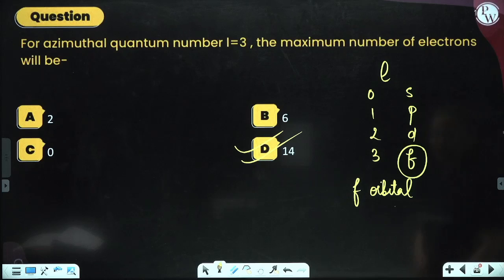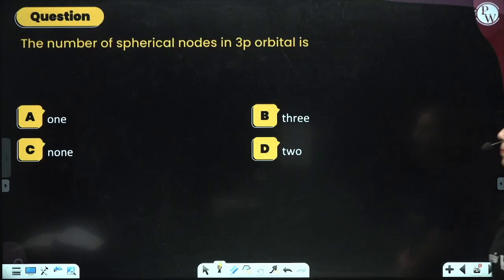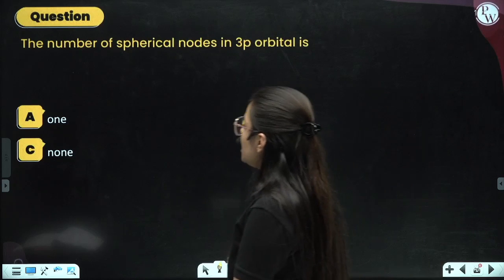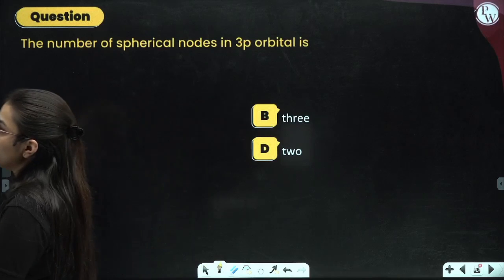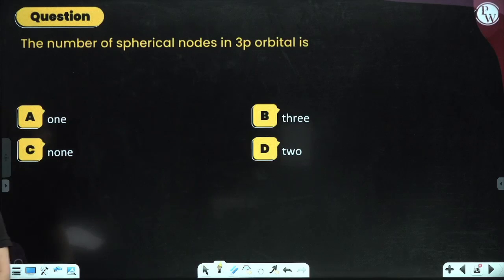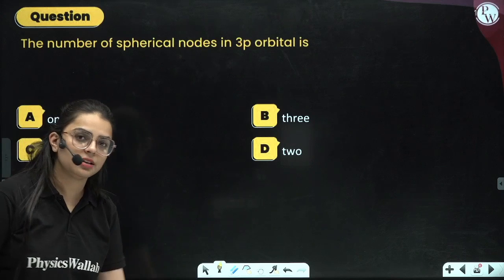Okay. Now I shall read the next question for you all. The number of spherical nodes in 3p orbital is A option 1, B is 3, C is none, D is 2.